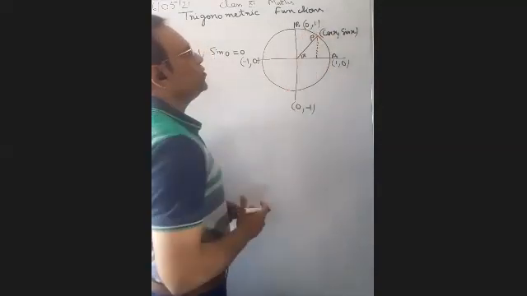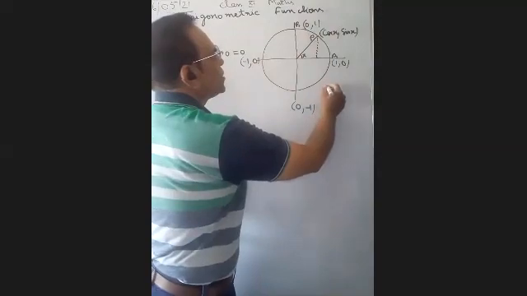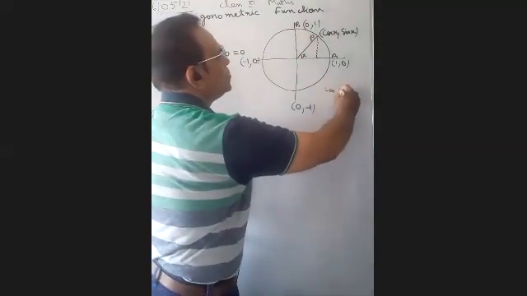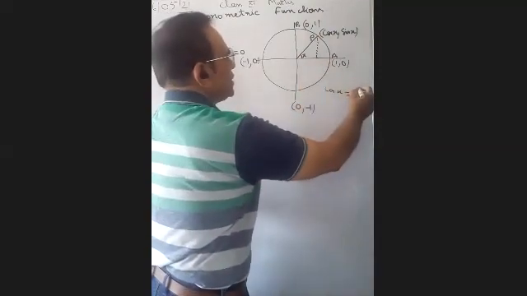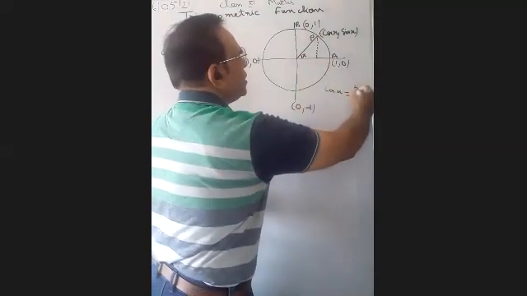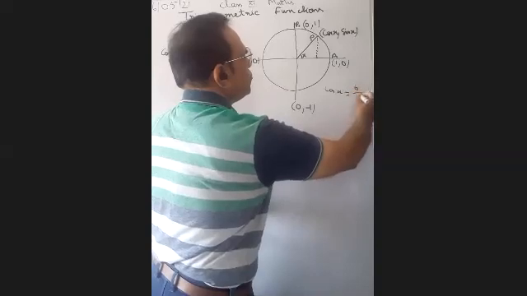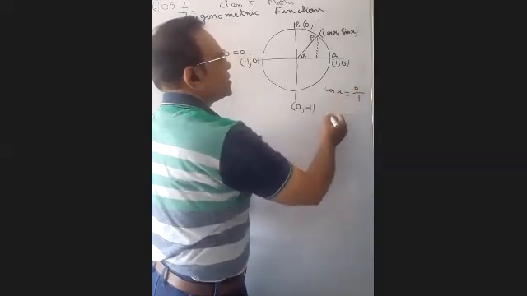Hypotenuse is equal to 1. Suppose you take cos x equal to base, we are taking b, and hypotenuse is equal to 1. So b is equal to cos x.